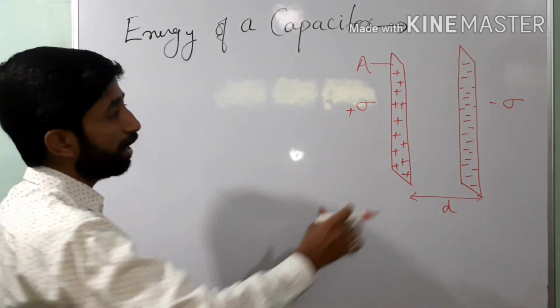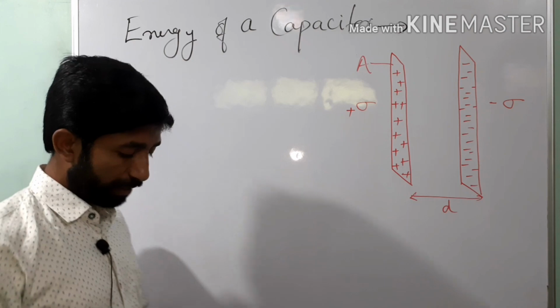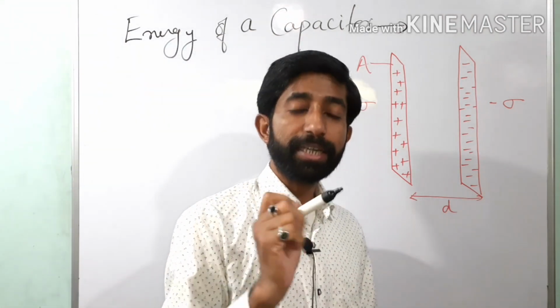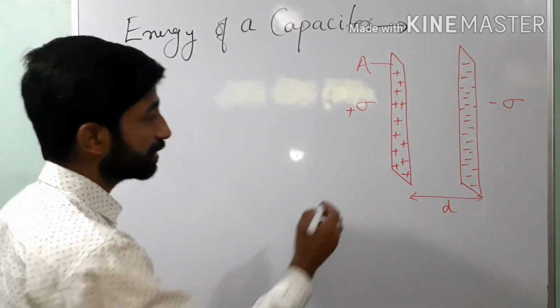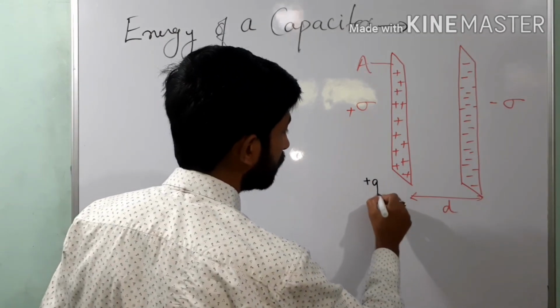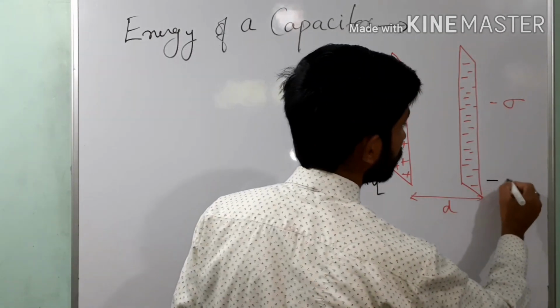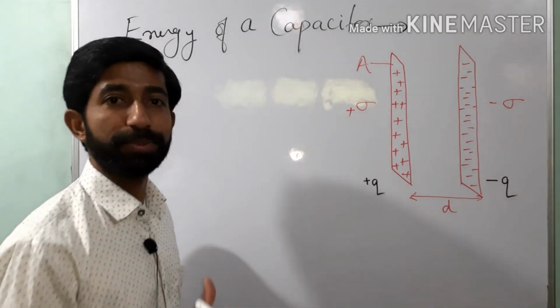Okay, so now we assume that for any intermediate state, this body has acquired plus q charge and this has acquired minus q charge.